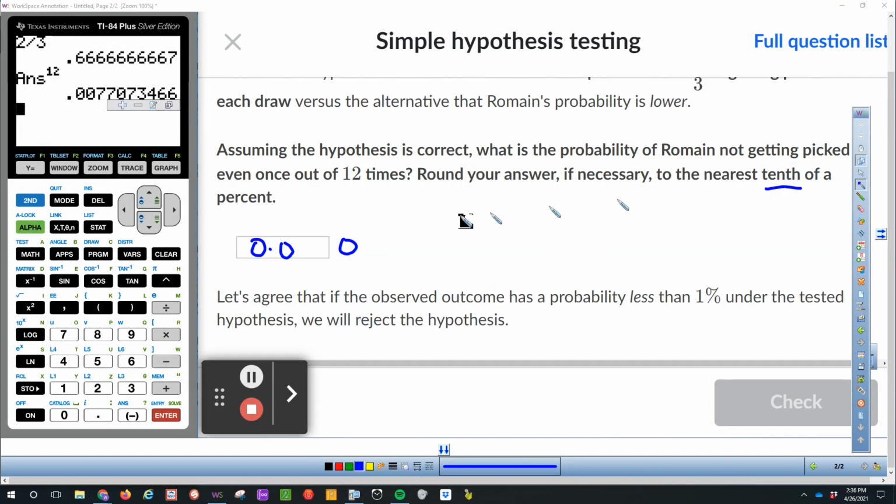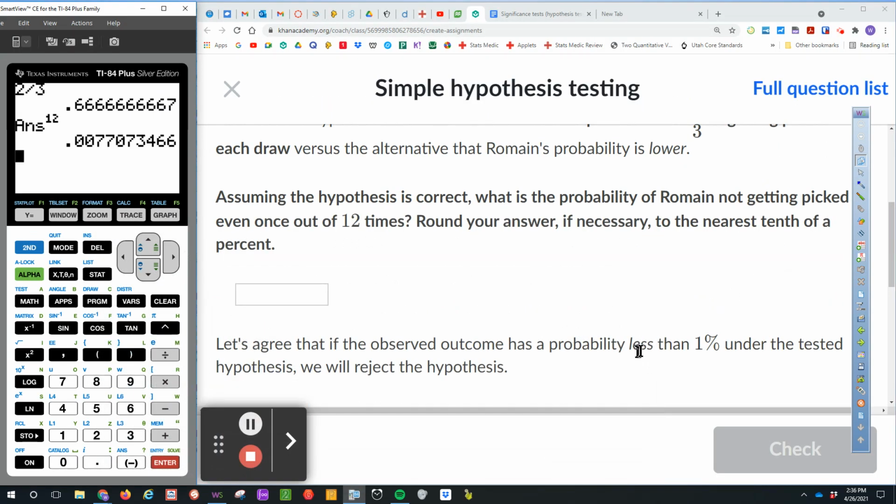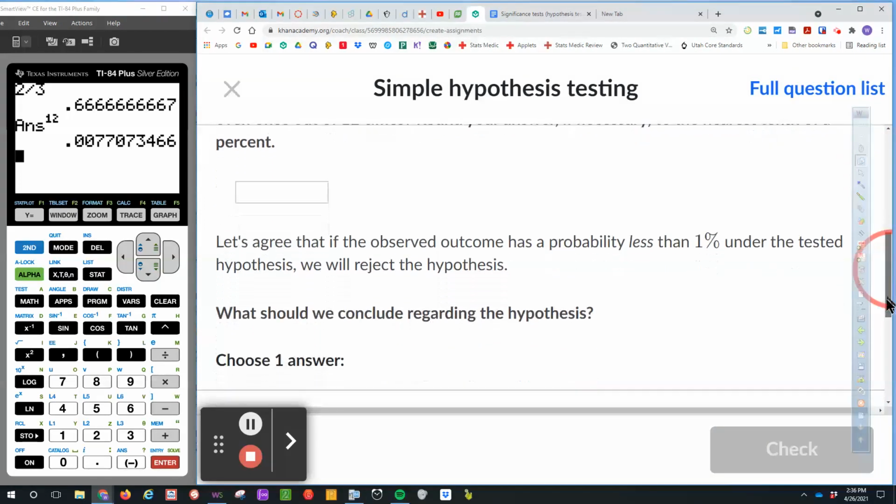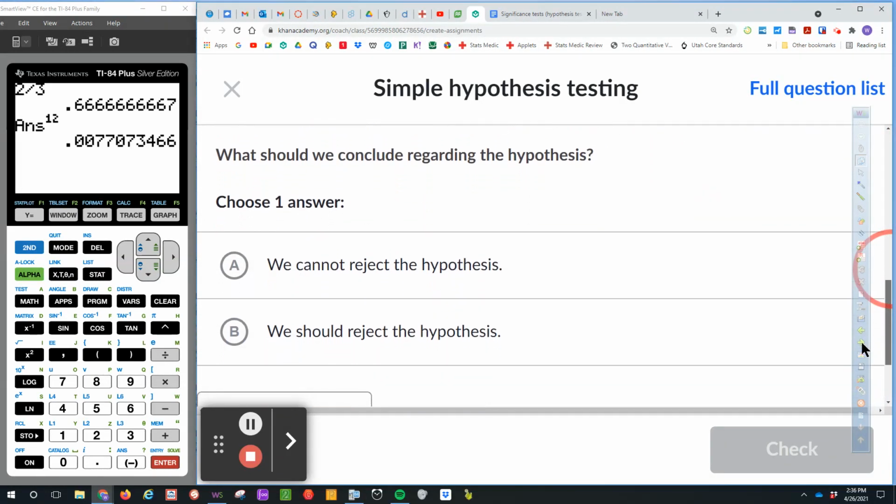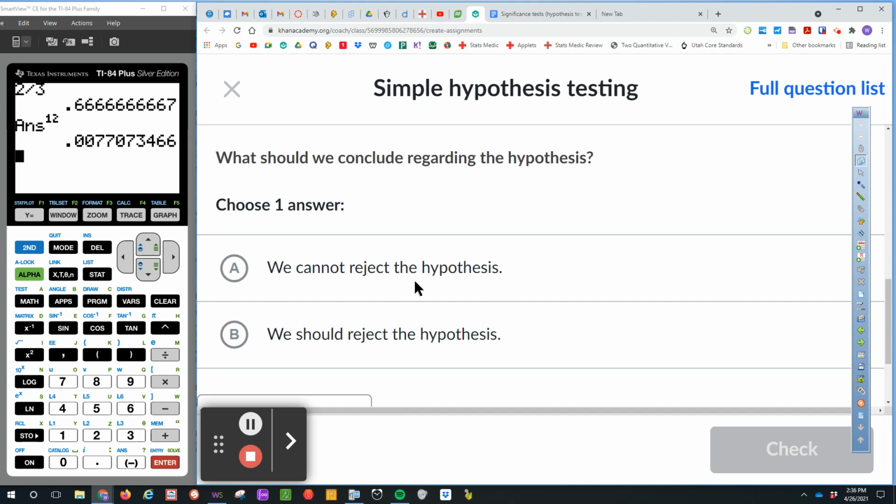So is zero less than 1%? Yes, it is, right? If so, we have reason to believe that there's foul play. So we will reject, right?